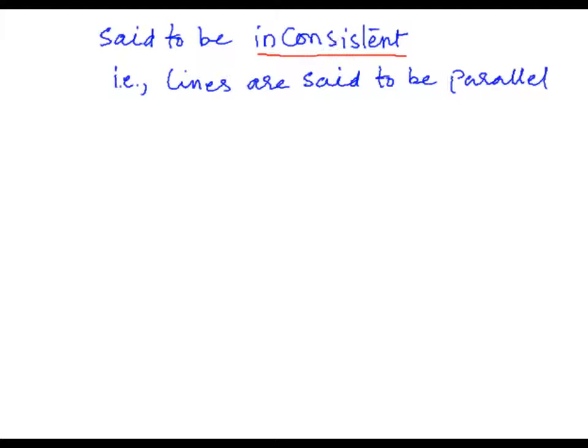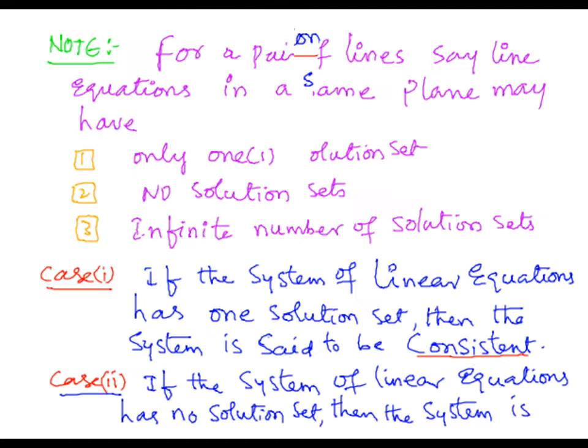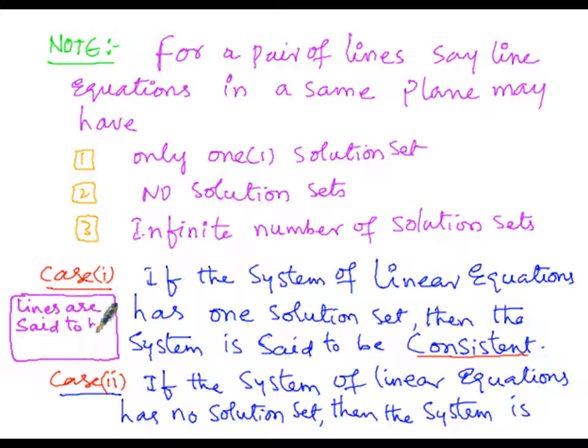Whereas in the consistent one, the lines are said to be intersecting. So here in the first case, the lines are said to be intersecting.